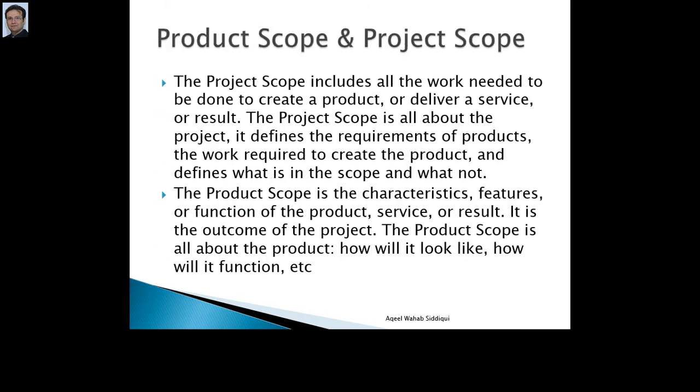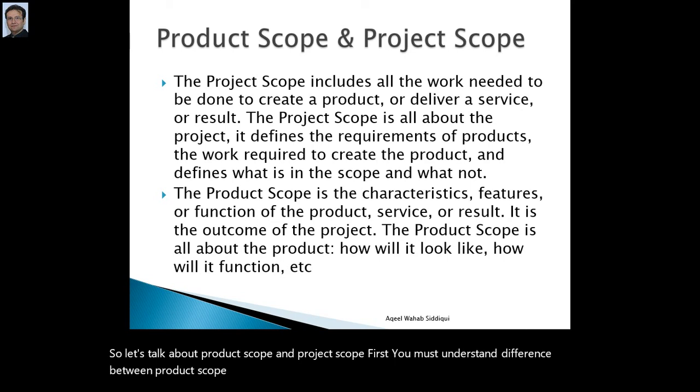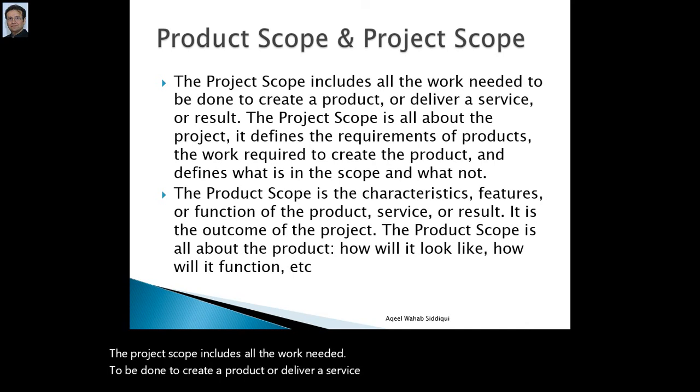So let's talk about product scope and project scope first. You must understand the difference between product scope and project scope prior to starting your work in scope management. The project scope includes all the work needed to create a product or deliver a service or result. The project scope is all about the project.